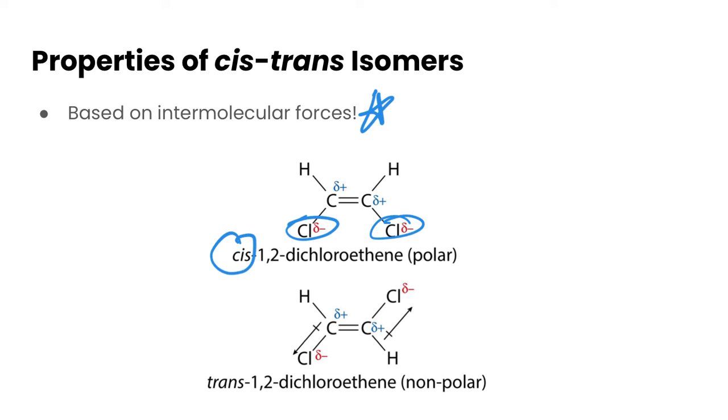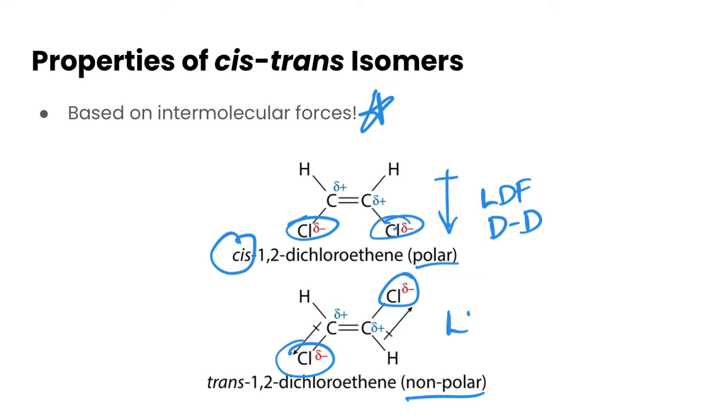Now, because it's chlorines on both sides, it's going to create an overall molecular dipole. This is going to be polar, so we'll have both London dispersion forces and dipole-dipole forces. Whereas this one down here with trans, because those dipoles are pointing in opposite directions, it is nonpolar. There are London dispersion forces only.